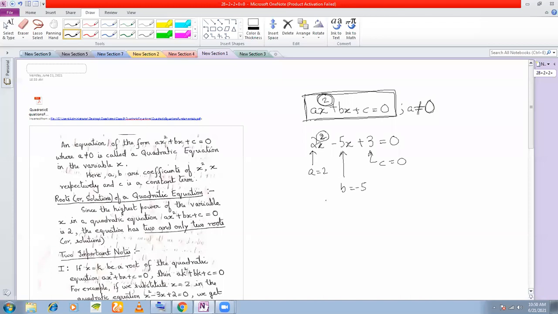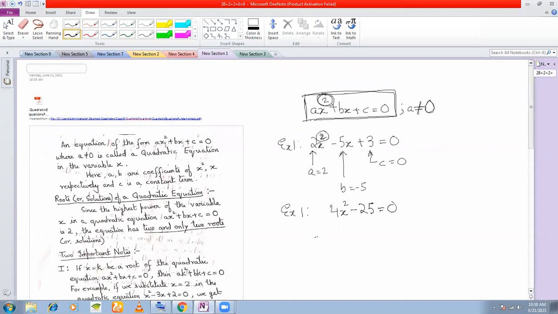No problem. Okay, so this was example 1. Example 2 of a quadratic equation can be 4x squared minus 25 equal to 0. This is also a quadratic equation. Okay, why is it a quadratic equation?